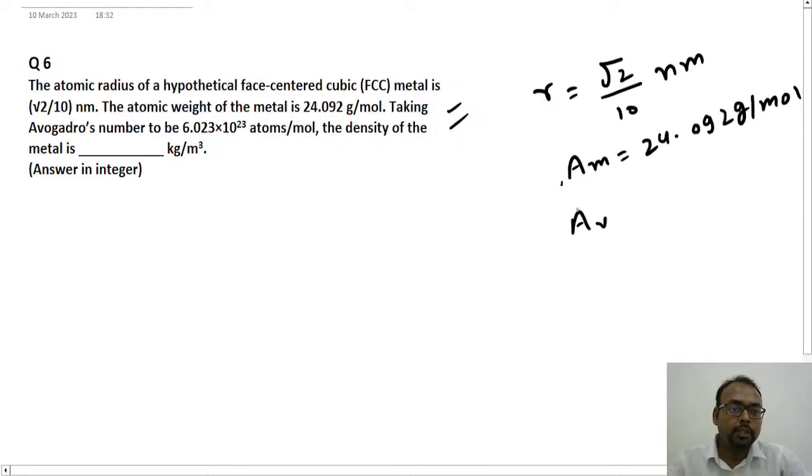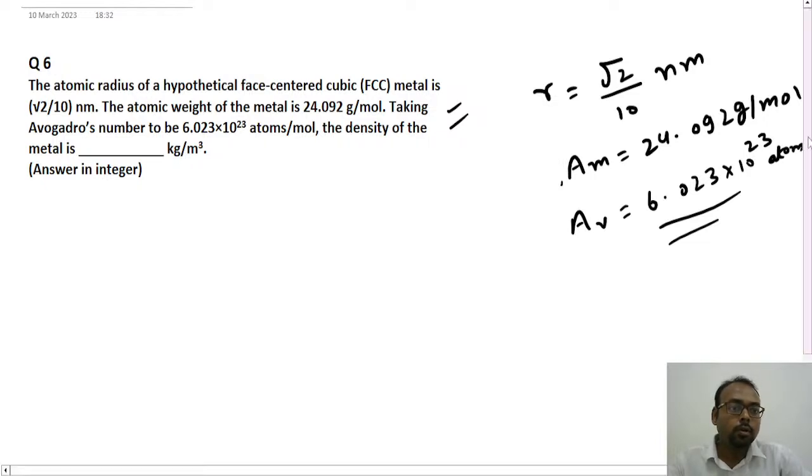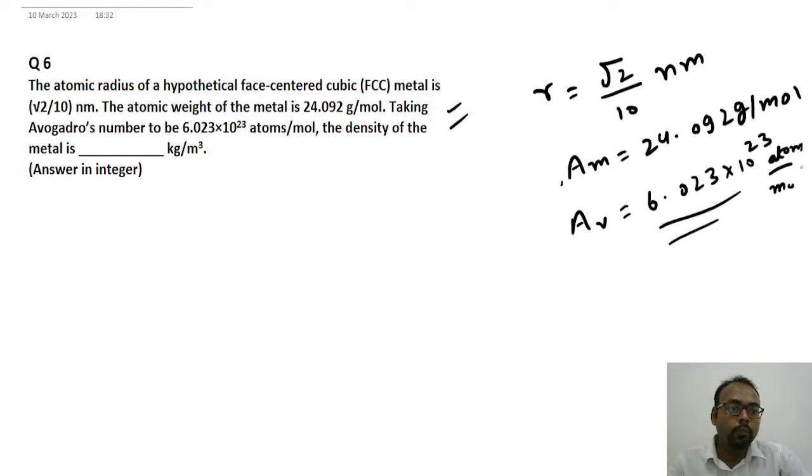Then we have been given the Avogadro number, which is 6.023 into 10 to power 23, right? This is the value of the Avogadro number, in atoms per mole. Now we have to find the density value in kilogram per meter cube.